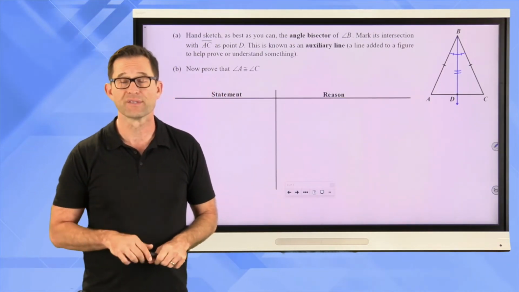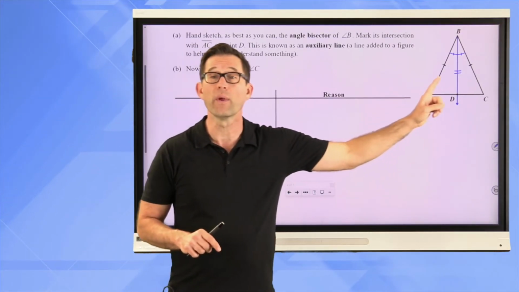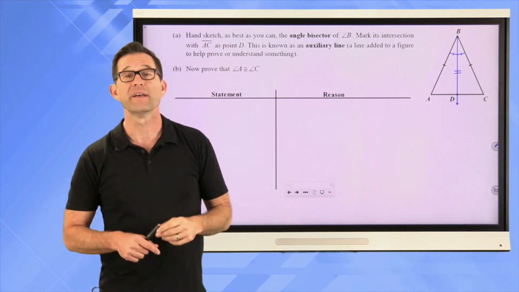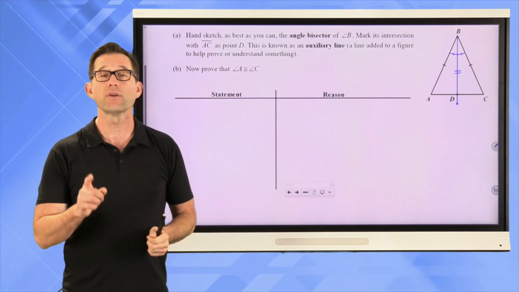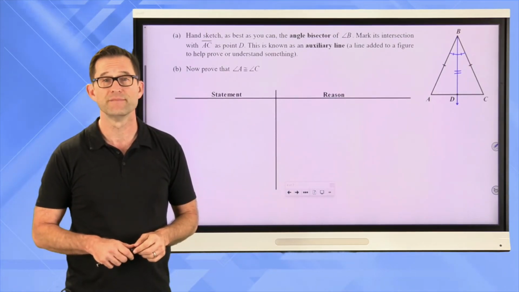Right? Side, angle, side, all right? And because we know those two triangles are congruent, we can now prove that angle A is congruent to angle C by CPCTC. I'd like you to pause the video one more time and see if you can write out the proof.